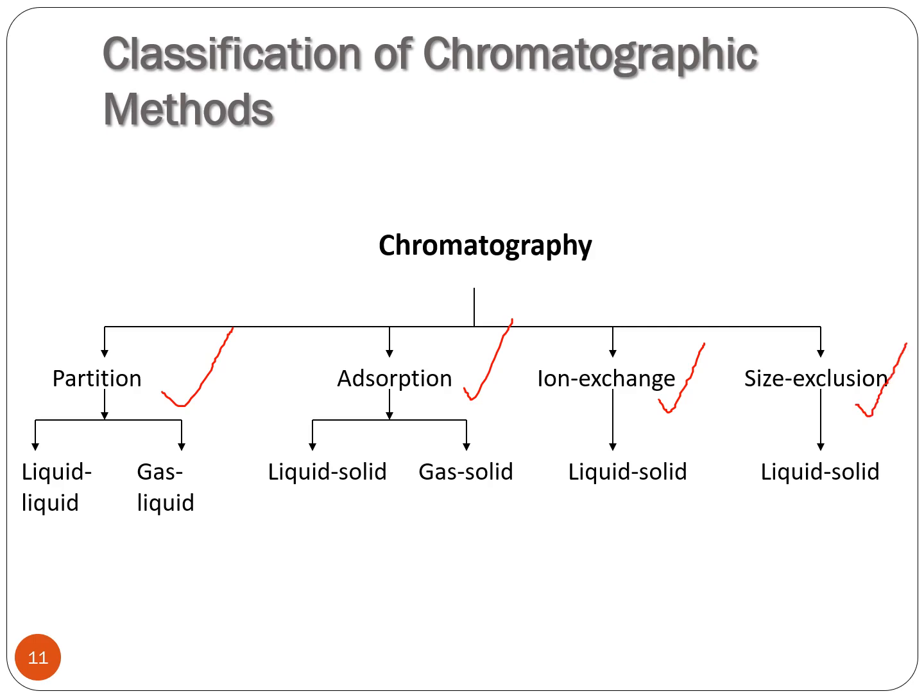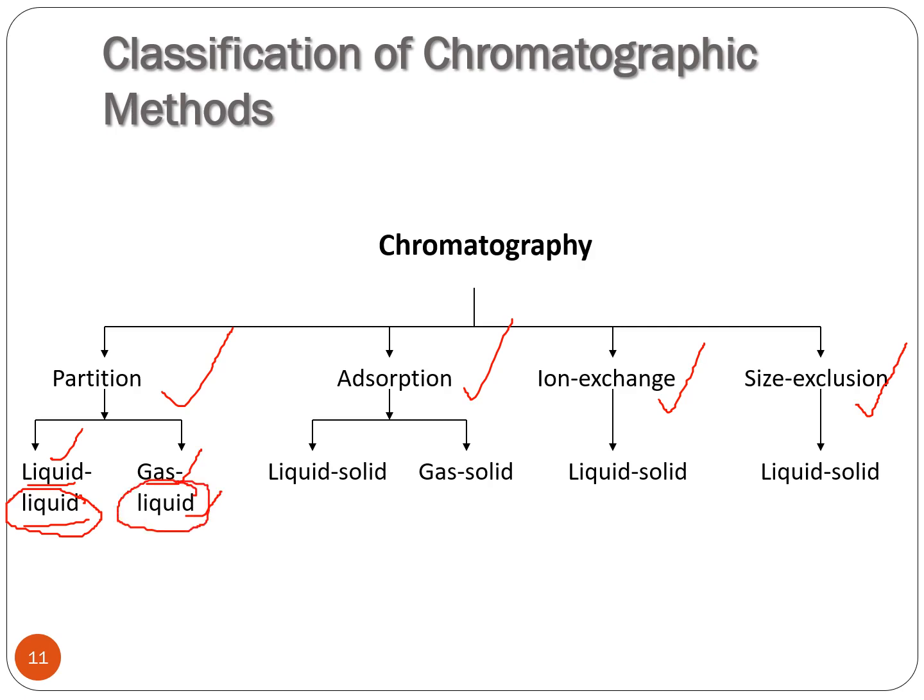Okay, untuk partition, we have liquid, liquid, and gas, liquid. Okay, so basically for the partition, yang kat depan ni adalah mobile phase, ni adalah stationary phase. Mobile phase and the stationary phase. So basically for partition, the stationary phase adalah dalam bentuk liquid.